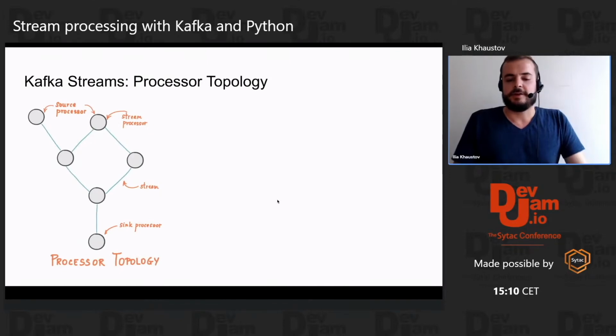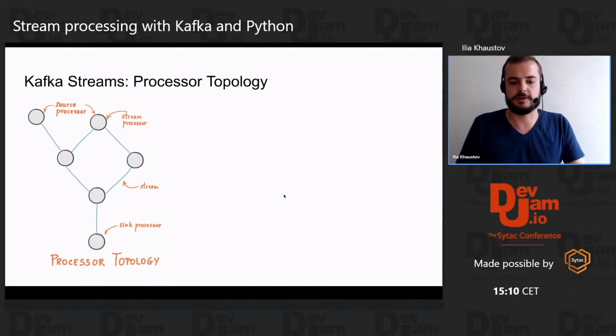And another final concept about Kafka Streams is topology. Remember the sources and sinks from Kafka Connect. In this case, they are called processors, and the source is where everything starts, and the sink is where everything ends.